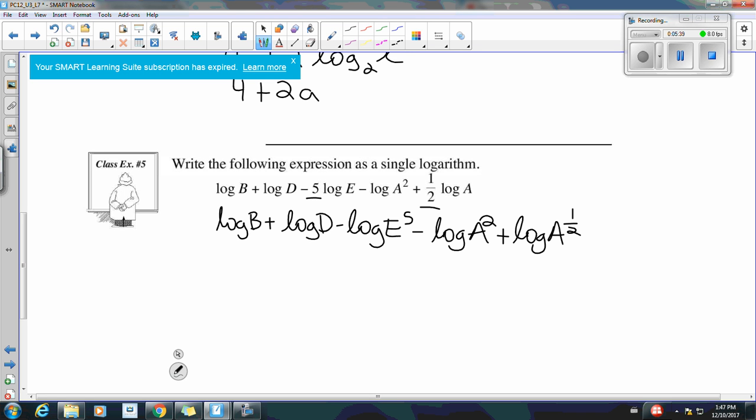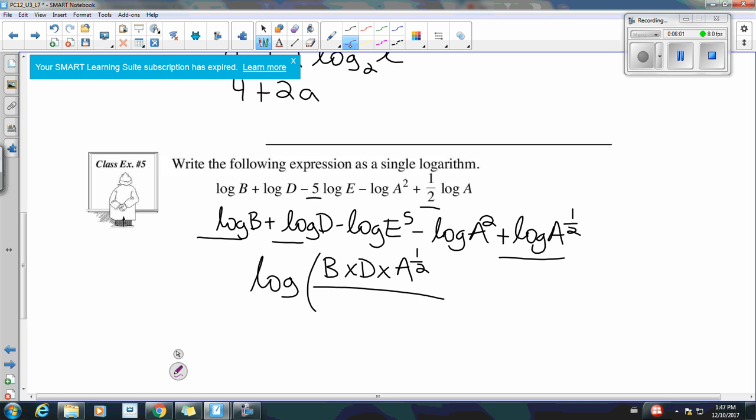Now to bring things together. Anything that has a plus, the inputs are going to go on top of a fraction in our argument. So log of b times d times a to the 1/2. Those are all things that were positive. Things that are negative, now change color here, are this and this. Those are negative, so those go on the bottom. So e to the 5 times a squared goes on the bottom.